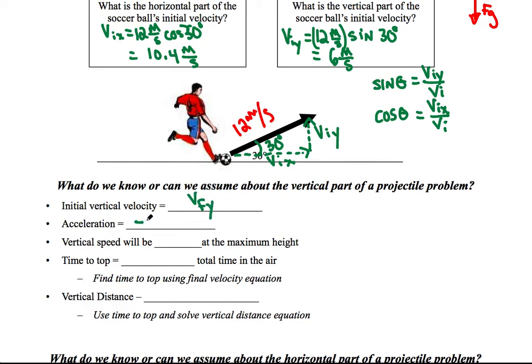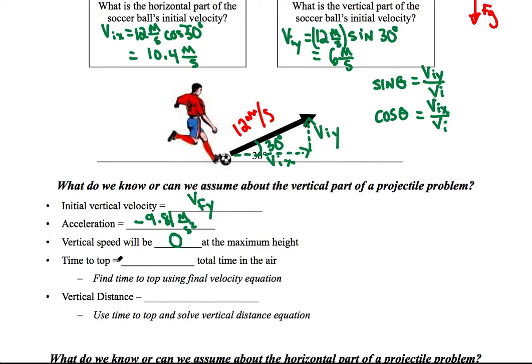My acceleration is negative 9.81 meters per second squared. Once again, this is true for horizontal projectiles and ground launch projectiles. And the velocity in the vertical, this is key, will be 0 at the maximum height.